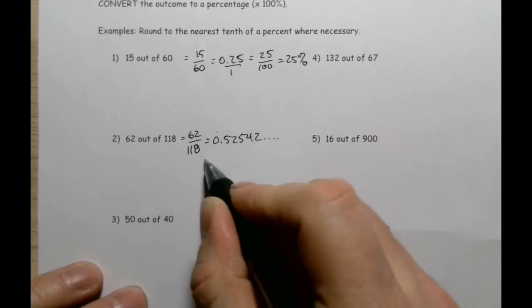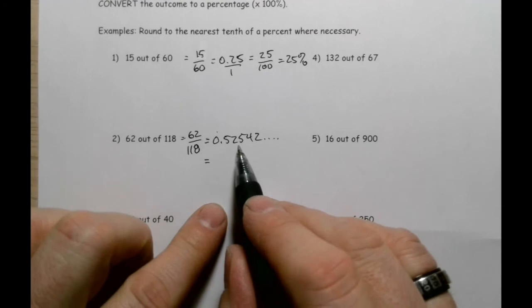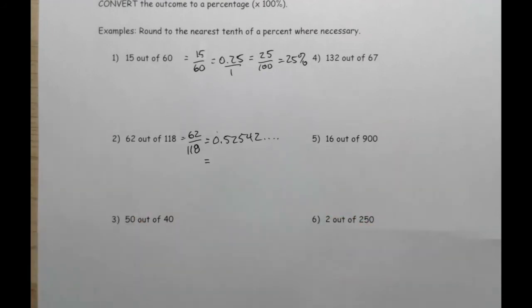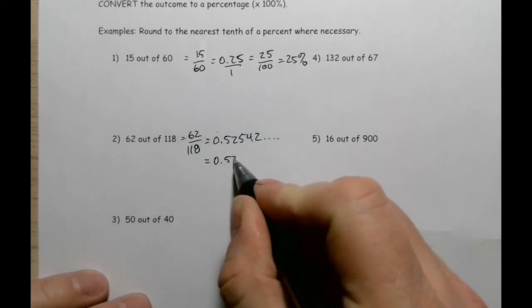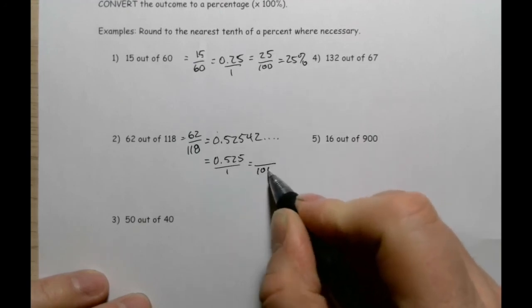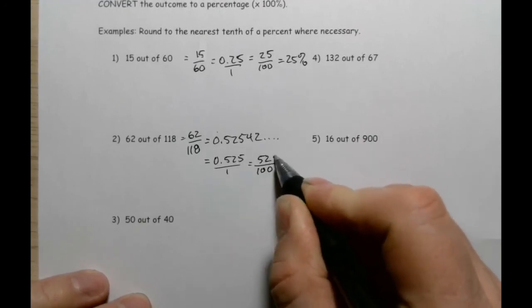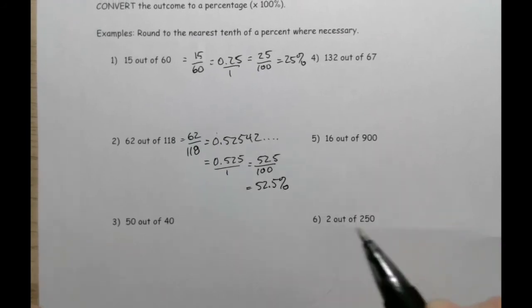Goes on forever here. Now, I'm going to end up moving the decimal 2 places to the right to convert it to a percentage there. So what that means is I'm really just focused on 0.525 out of 1. I'm going to multiply that by 100, numerator and denominator, to get 52.5 out of 100, which is the same as 52.5%.